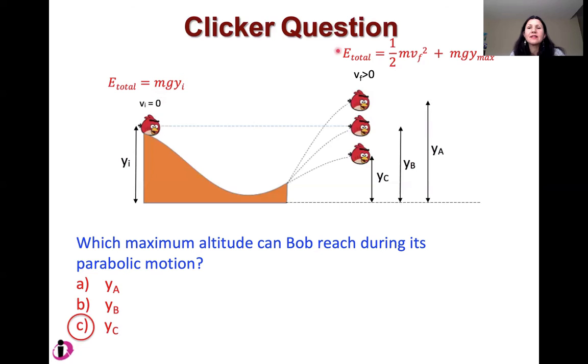So in order for these to be the same, the gravitational potential energy term has to be less, exactly by that value of kinetic energy, than the initial gravitational potential energy. So at this point his height has to be lower than the initial, which is y sub i.